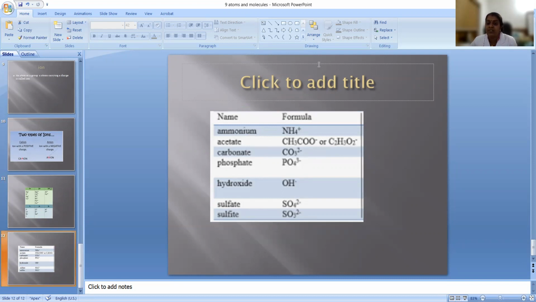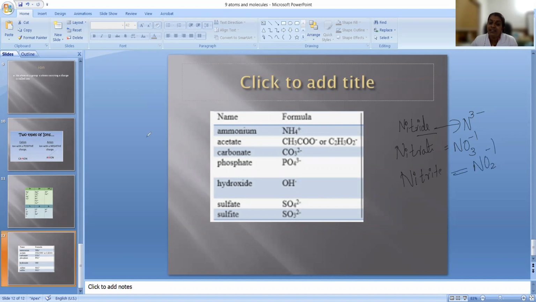Here one thing is very important, you always make mistakes. Nitride, with IDE meaning without oxygen, is N3 minus. Nitrate is NO3 minus 1. Nitrite, with 1 oxygen less, is NO2 minus 1.